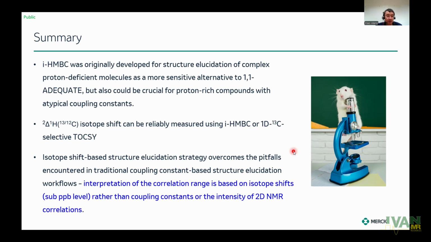However, the difference between isotope shift-based structural elucidation and conventional coupling-constant-based elucidation is that after we obtain the 2D NMR spectrum, we interpret the bond distance by isotope shift, not by interpreting the coupling constant. This eliminates a lot of ambiguities when dealing with unusual coupling constants, and gives a much more robust structure elucidation workflow.